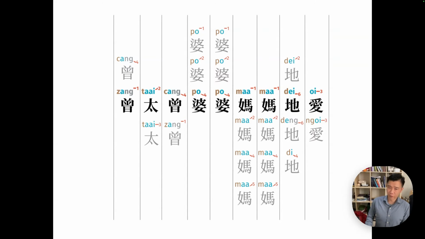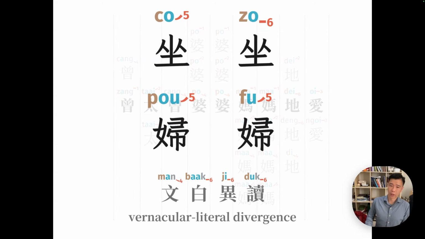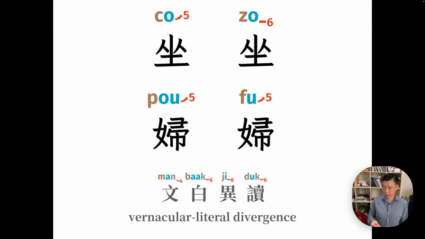We have a polyphonic problem because the same character can be read differently in vernacular Cantonese and when we read it literally. If we see something in standard written Chinese, we would say sit down as 坐在. Whereas if it is vernacular, it would be 坐喺. Sometimes the divergence can be quite extreme.